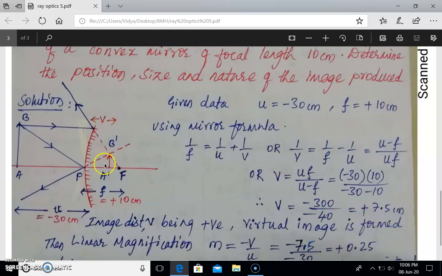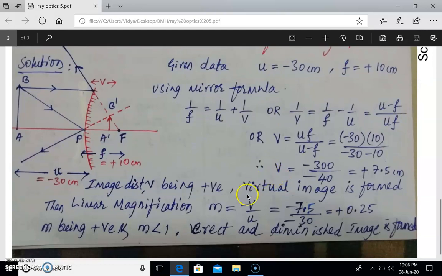centimeter. In other words, here the image A dash B dash is formed at a distance of 7.5 centimeter behind the convex mirror. Image distance V being positive, virtual image is formed. Since the image is formed behind the mirror, that's why V is positive and virtual image is formed.